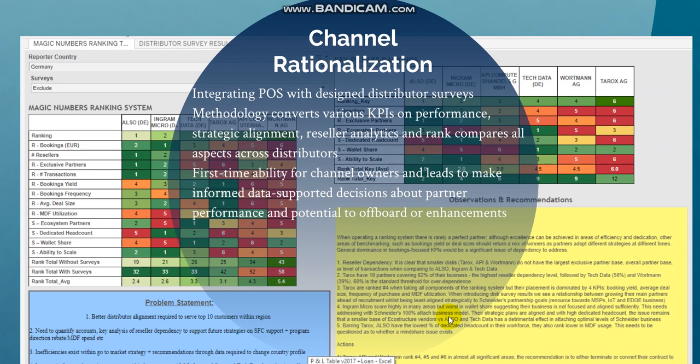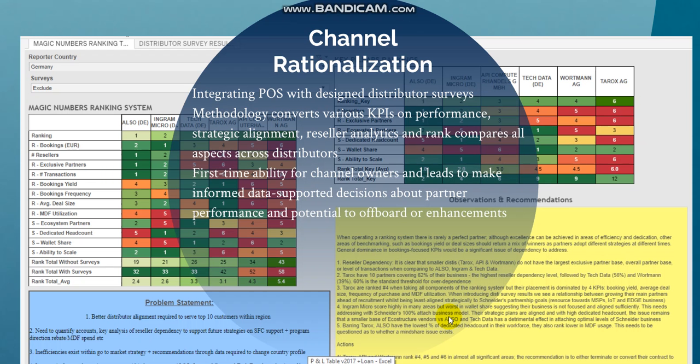So when you have a highlighted focus area of a country, in the view you are actually looking at randomized data for Germany, you can start to see through multiple sets of KPIs who is outperforming, who is better aligned to the strategy, who is better performing when it comes to traditional POS related investigations like bookings yield and bookings frequency and average deal sizes, but it also looks at things like MDF utilization.